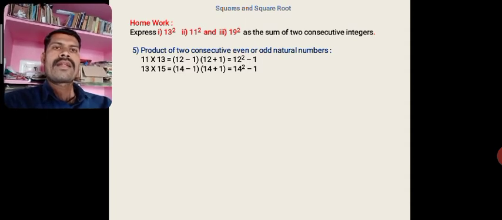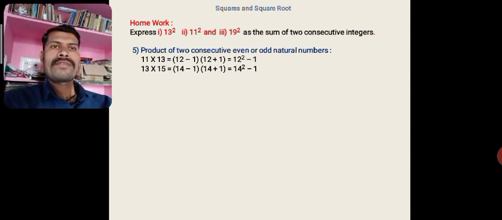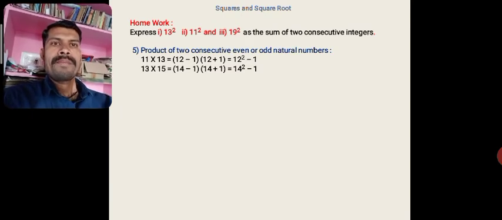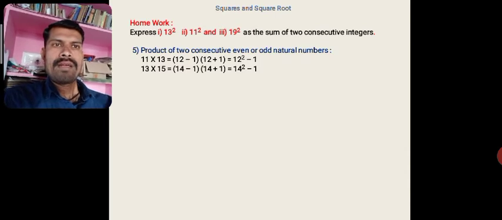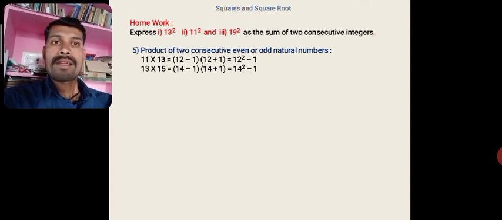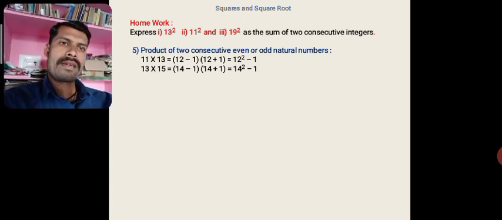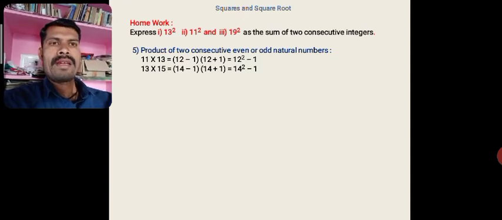So 13 into 15 can be represented as follows: 1 greater than 13 is 14, and 1 less than 15 is 14. So 14 minus 1 and 14 plus 1. The product of those two gives 14 square minus 1.